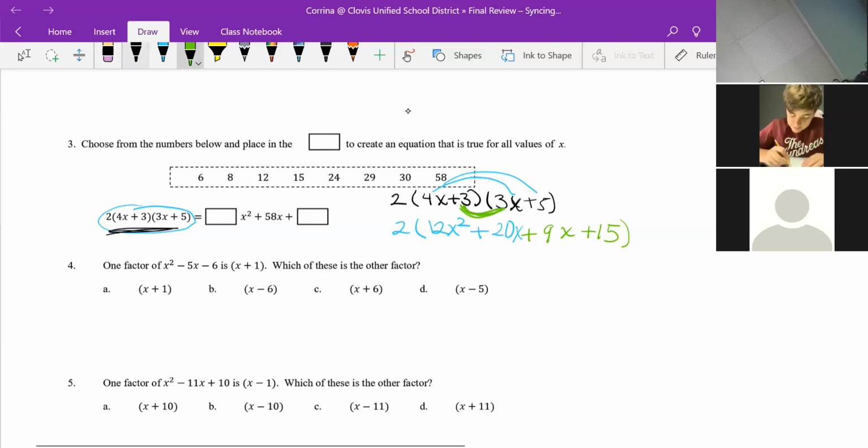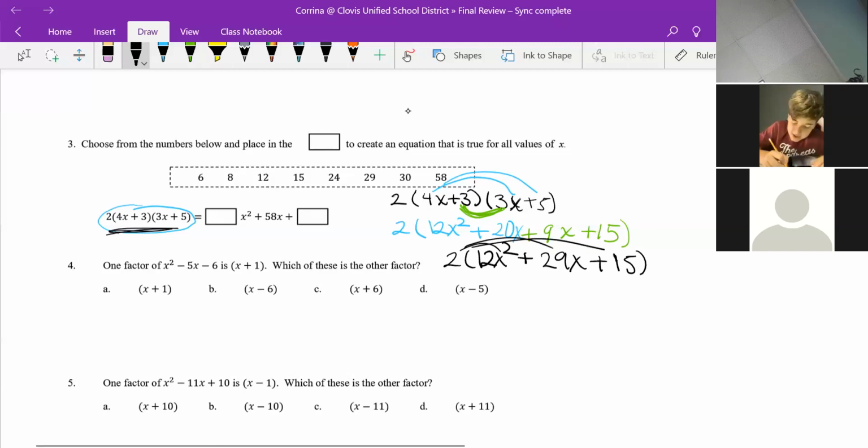What does that give us? 12x squared plus 29x plus 15. And now distribute the 2. 24. Not 14, 24 squared plus 58x plus 30.